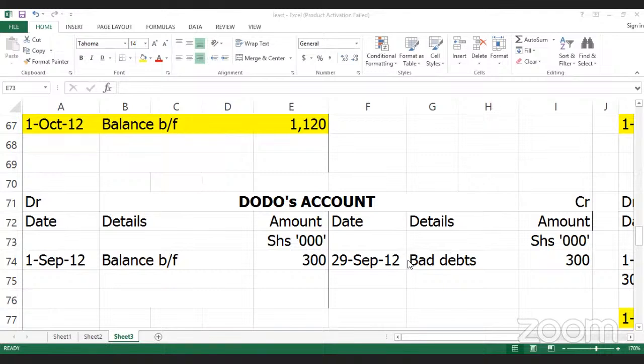So there is no balance to find on this account. Just put the totals.